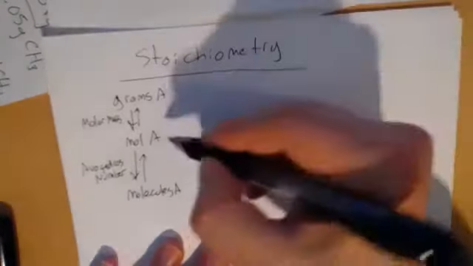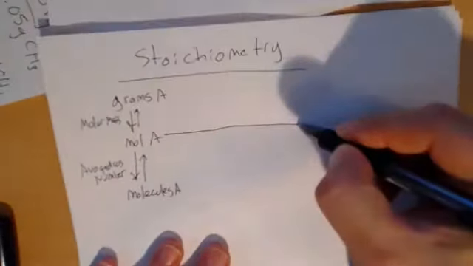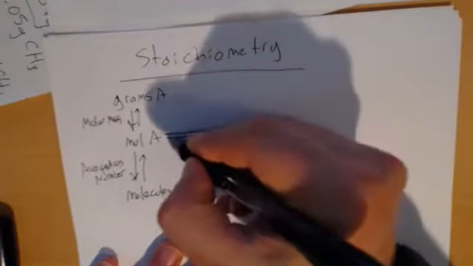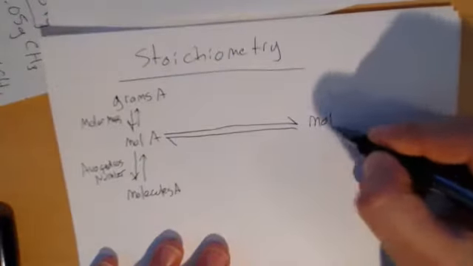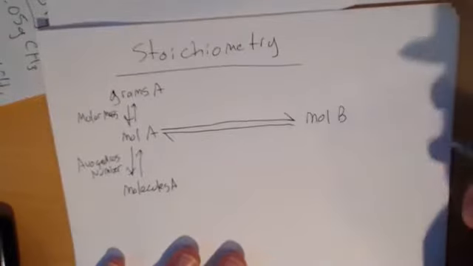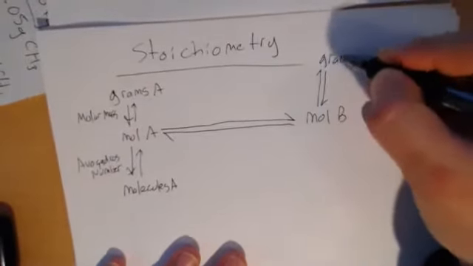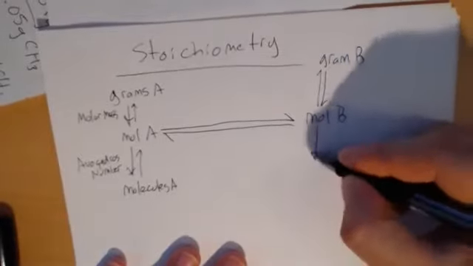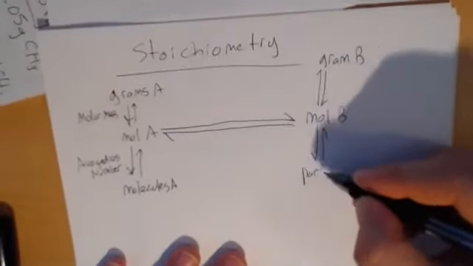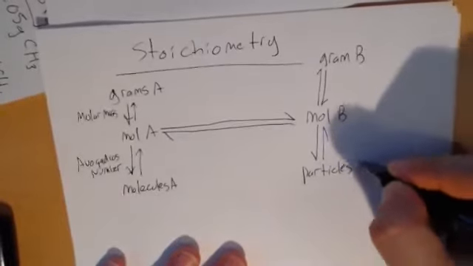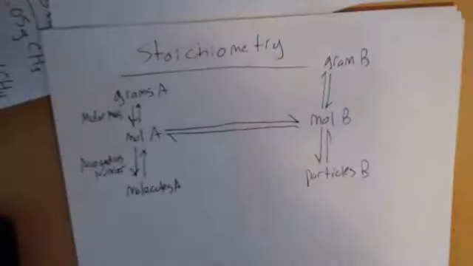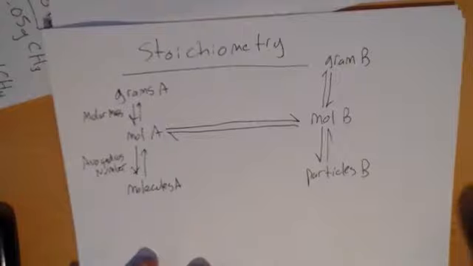We can also find other components in a chemical reaction, moles of B. And from moles of B, I can go to grams of B or to particles of B using the same types of conversions.